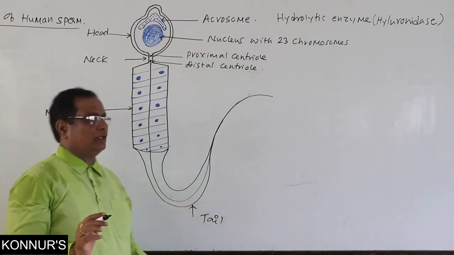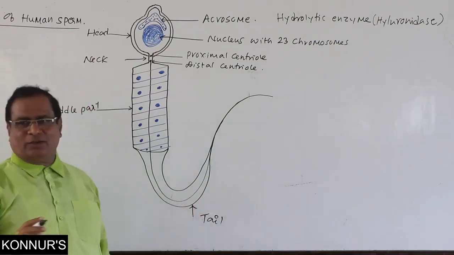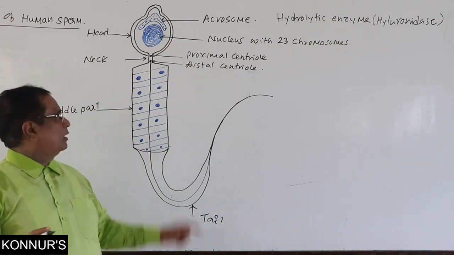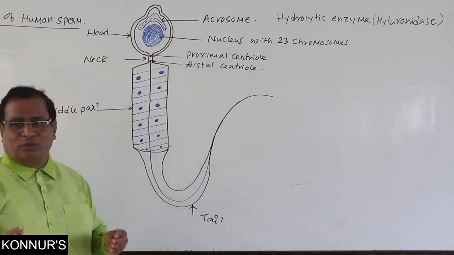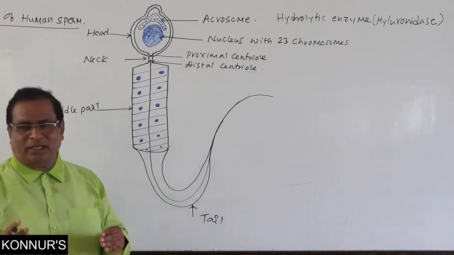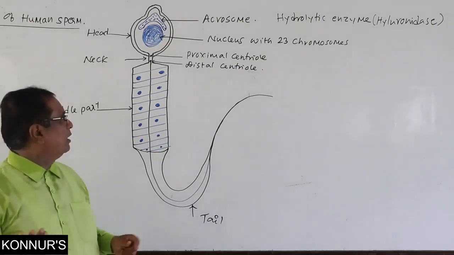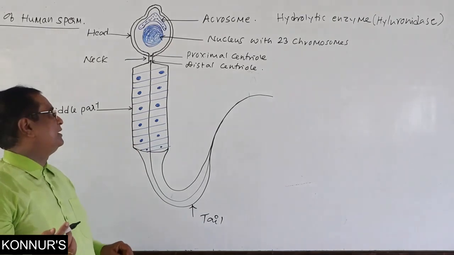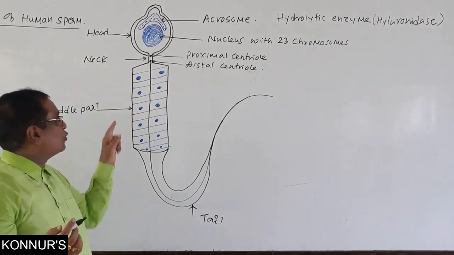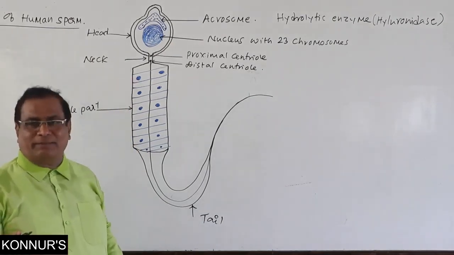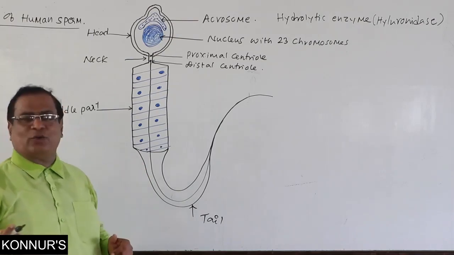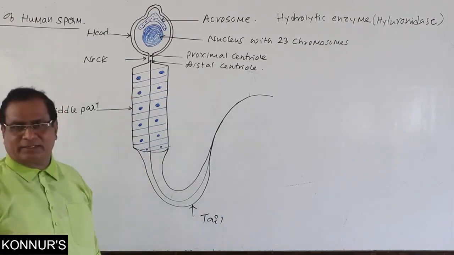In the neck region, there are two centrioles. As it is an animal cell, two centrioles must be there. Those two centrioles together are named as centrosome. Proximal centriole means it is present close to the nucleus, and a distal centriole means it is away from the nucleus.